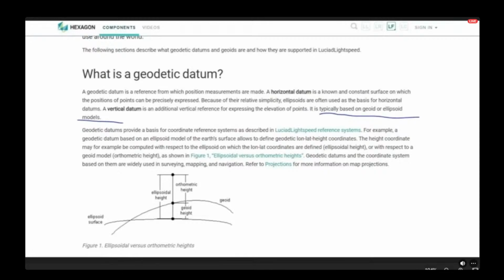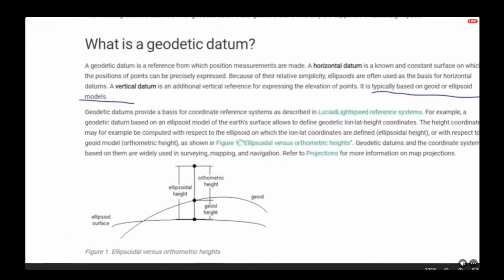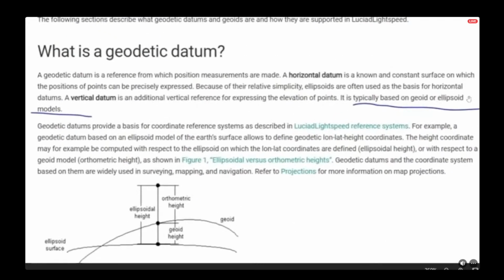I wonder if what we're going to be looking into takes into account any presuppositions of any sort of Earth shape or geometric requirements. If we look at here, definitely geodetic datum, reference from which measurements are made. Okay, that sounds cool. Horizontal is known as a constant surface on which the positions of points can be precisely expressed. Because of their simplicity, ellipsoids are used as the basis for horizontal datums.